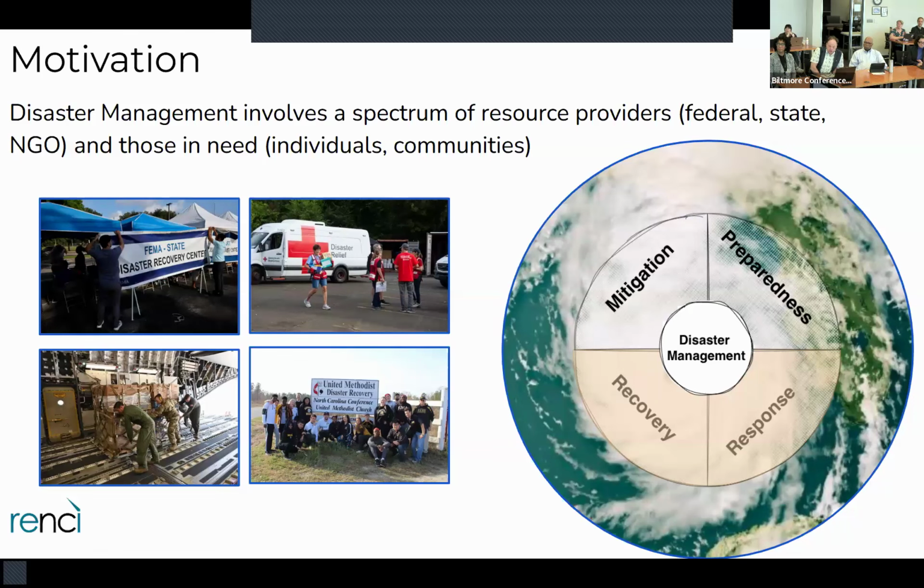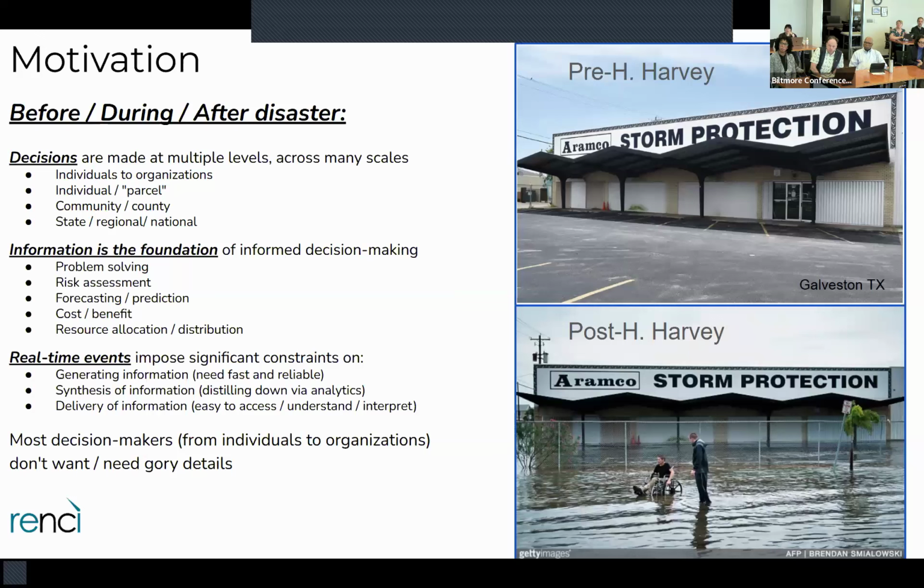But the next slide says that, so, decisions. Really the issue to me is that decision makers need information. And in many cases, they don't really care how they get it, as long as there's some sort of verifiable or certifiable, bona fide to the data itself. Decisions are made at multiple levels, from individuals to organizations, across many different spatial and temporal scales.